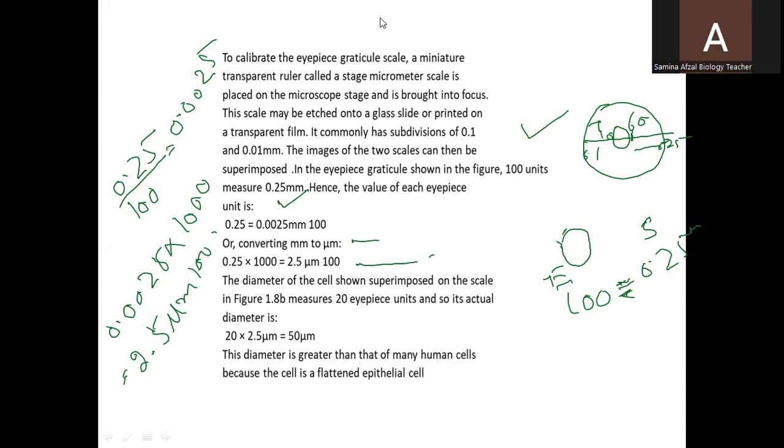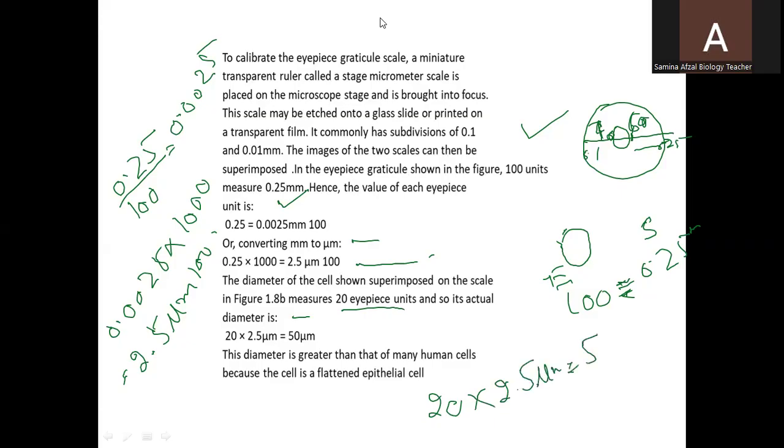So the diameter of the cell shown superimposed on the scale is 20 eyepiece units, and so its actual diameter is found by multiplying that 20. We are talking about the cheek cell between 40 and 60 units of the eyepiece reticule. We will multiply those 20 units with 2.5 micrometer.